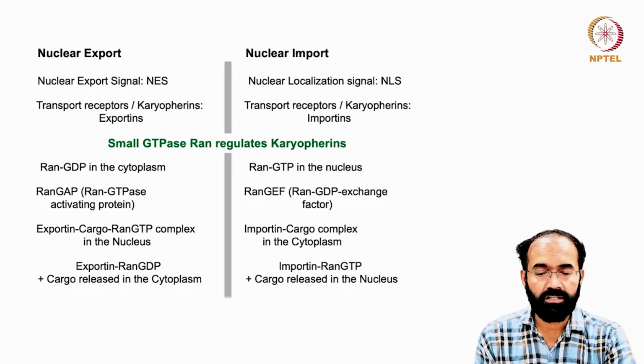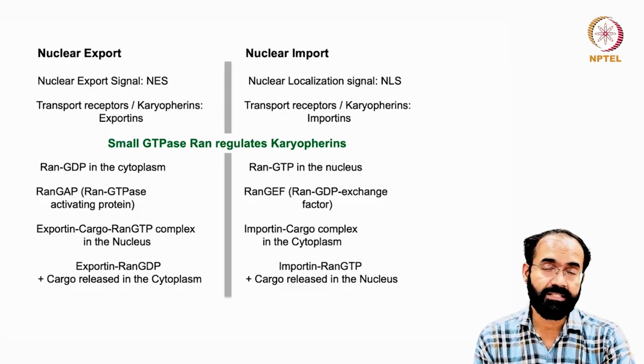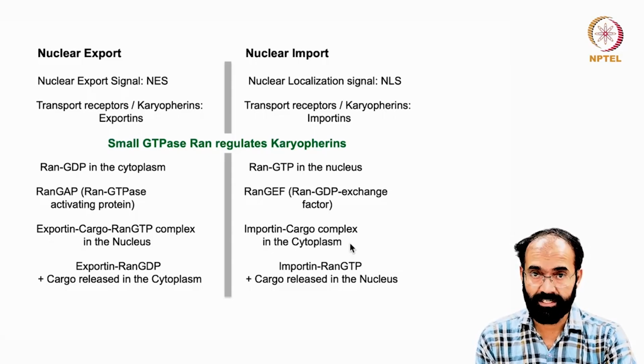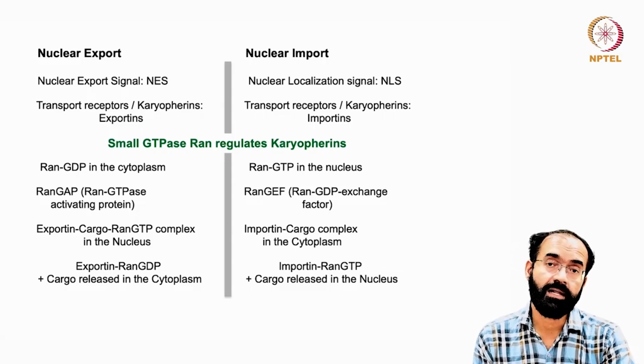So the importin cargo complex stays in the cytoplasm. Remember, earlier it was exportin in the nuclear export, now it is importin cargo. What is the cargo? The RNA which is present in the cytoplasm right now is the cargo, and importin RAN GTP plus cargo gets released in the nucleus.